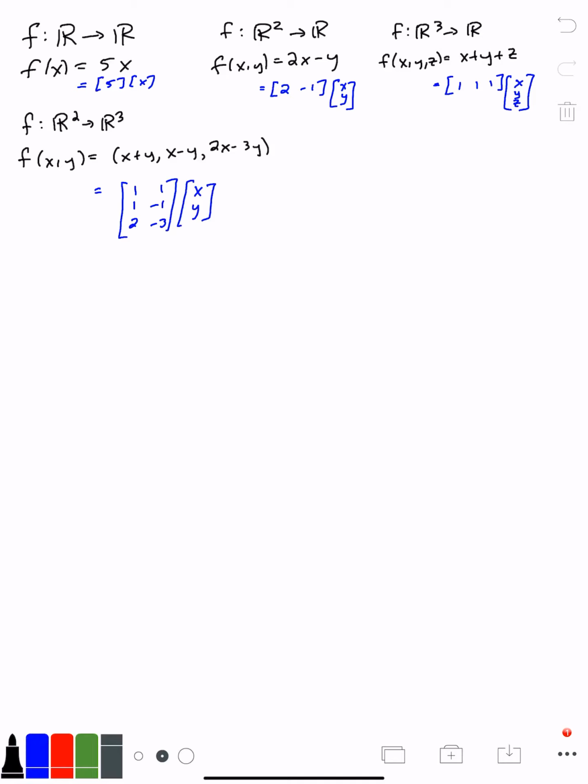And it turns out that this is actually a general fact here. Any linear transformation can be written this way.